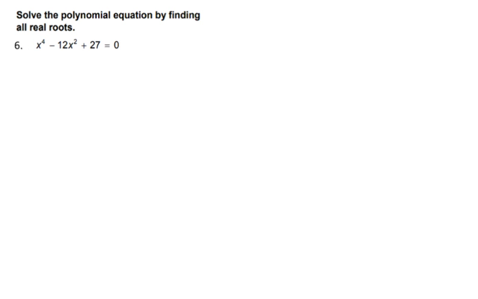Next, 6. Solve the polynomial equation by finding all real roots. If you just enter this in the calculator, I saw people start to use the rational roots theorem and get potential rational zeros, which is a start to answer the question, but does not answer the question. So an answer is going to be x equals some numbers.